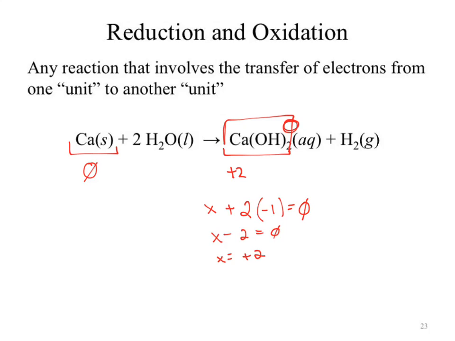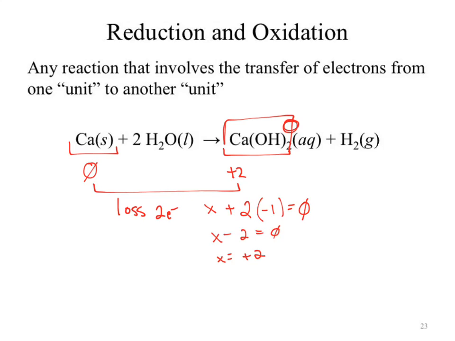What happened to the calcium? Well, to go from a 0 to a +2, what happened? Why did it lose 2 electrons? Why didn't it just gain 2 protons? We can't change the number of protons. That changes the element. So all we can change are the electrons. Right?